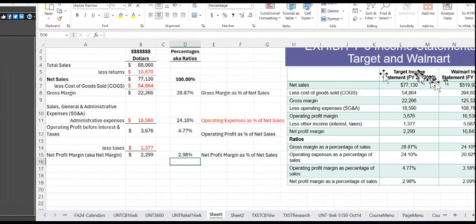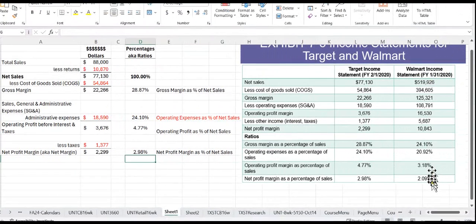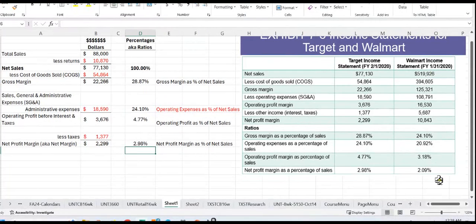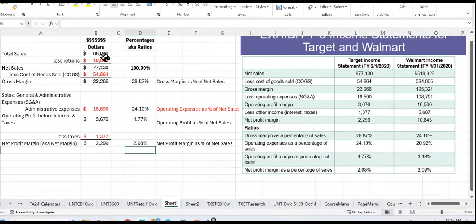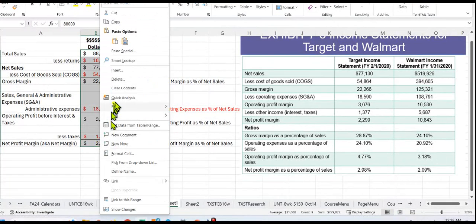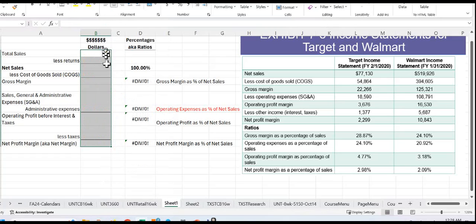All right, so let's see if we can do the same thing here using the Walmart income statement. Okay, I'm going to clear the contents. And we're going to start off with, let's say, $600,000 in total sales, and I'm going to have $80,074 in returns.